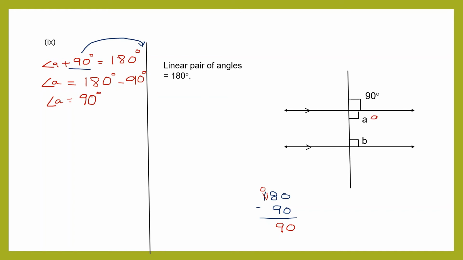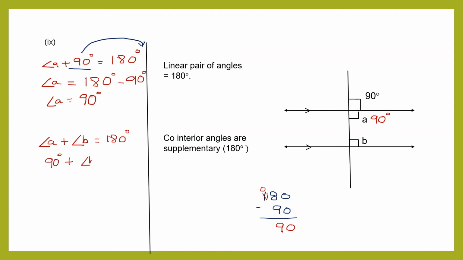Now that we have found A, we can find out angle B. A and B are co-interior angles. And what do we know about co-interior angles? They are supplementary. So co-interior angles should add up to 180. So angle A plus angle B should be equal to 180 degrees. So how much is angle A? Angle A we found out is 90 degrees and we are going to add up angle B to get 180 degrees.